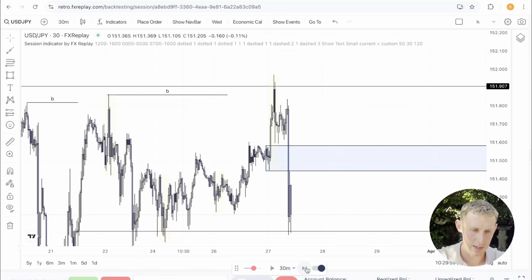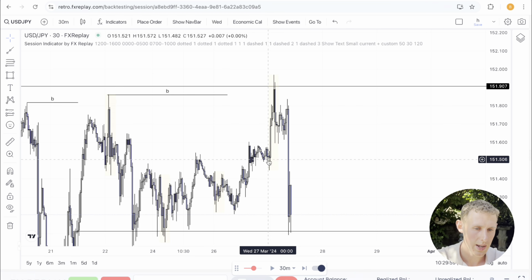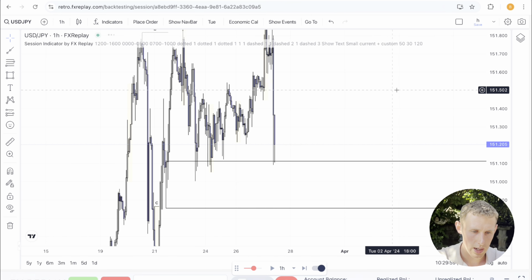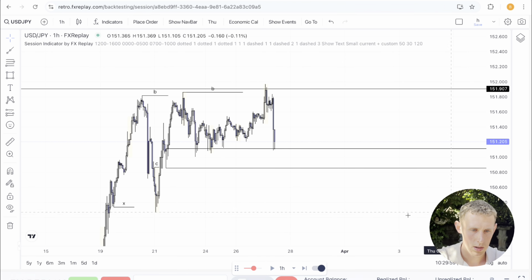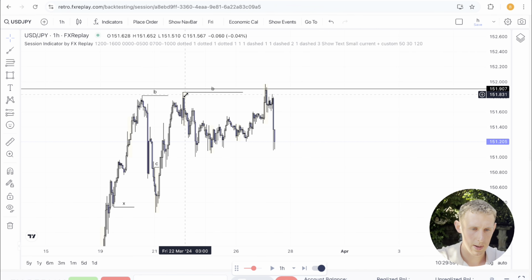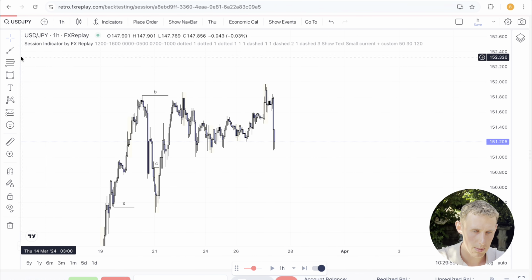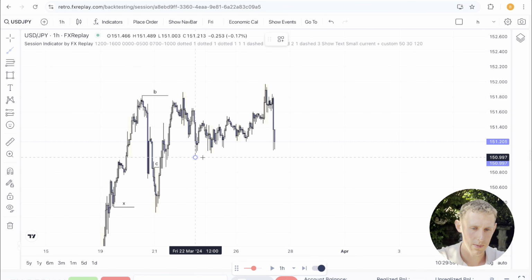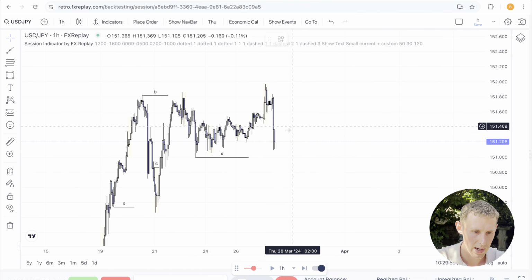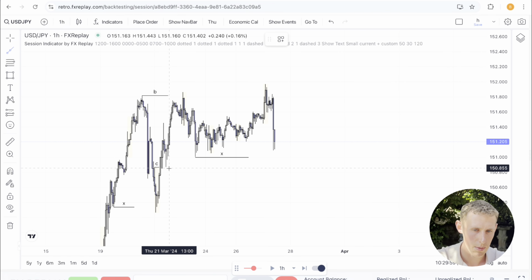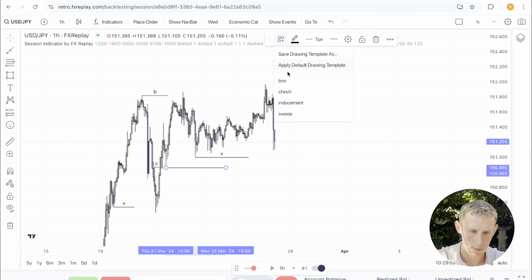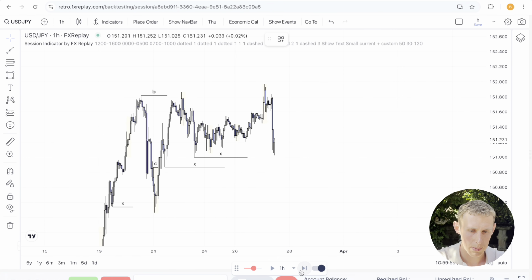Okay, nope. So that was now invalidated. Next area to look for would be, so actually what we can see here, we've got all of these previous lows. If price could sweep this is the first area. And then secondly, we have this slightly more discounted one. But yeah, I wouldn't want to buy above those lows.